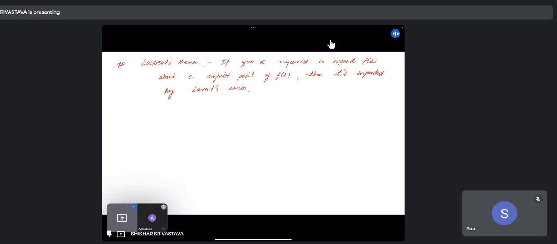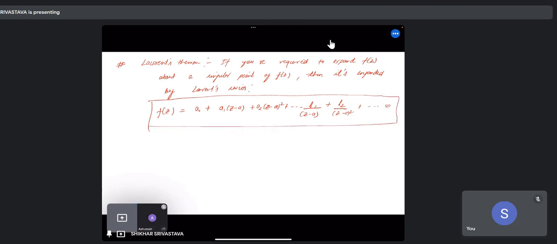The general form of any function, if you expand it, is this: a0 plus a1 (z minus a) plus a2 (z minus a) whole square. These are positive powers, and it can also have negative powers, up to infinity. So this is the general form in which any Laurent series expansion can be written.